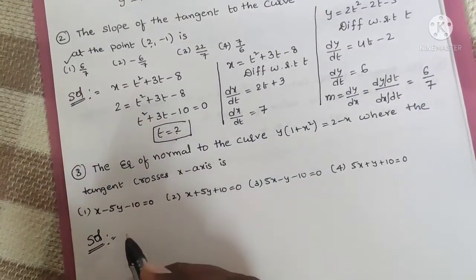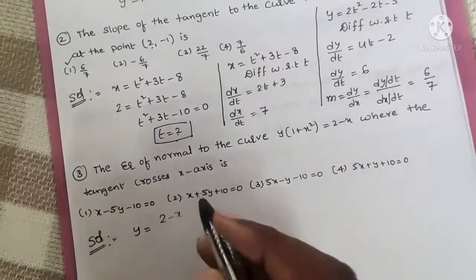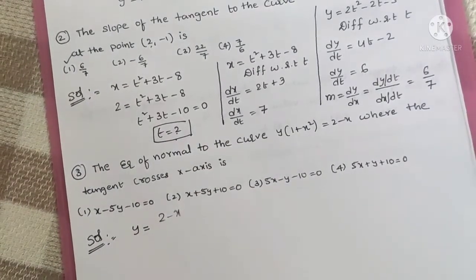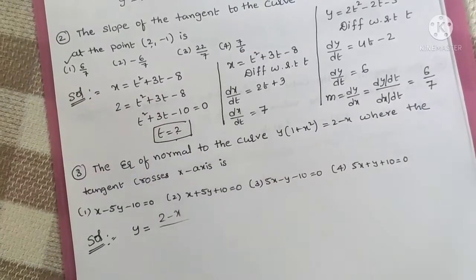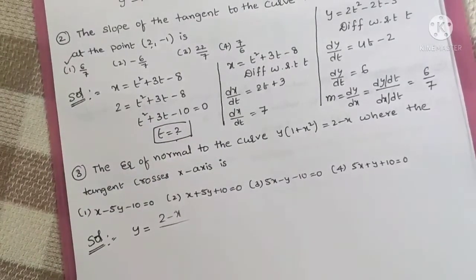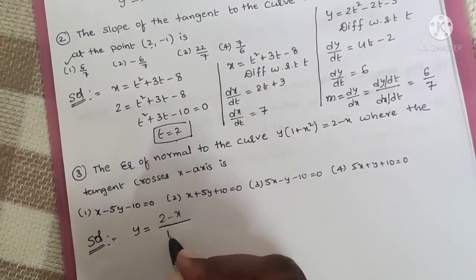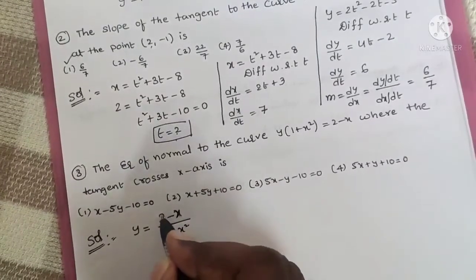From this we can write y is equal to 2 minus x by 1 plus x square. That is the given curve.